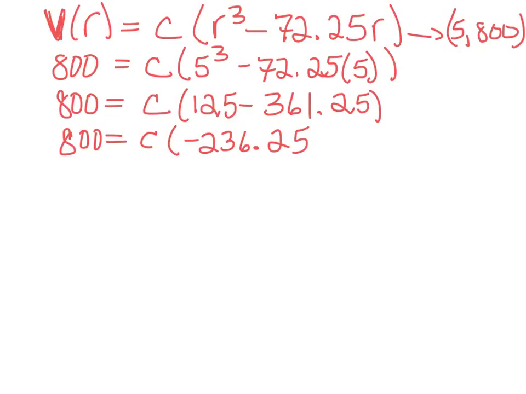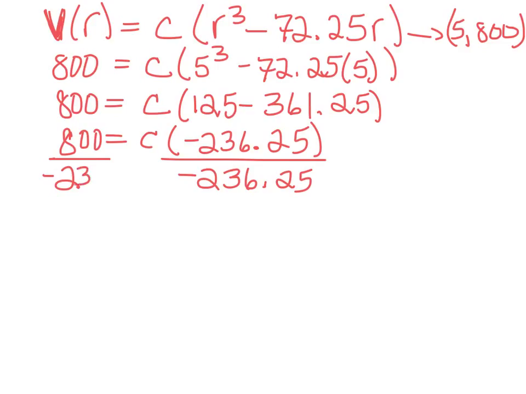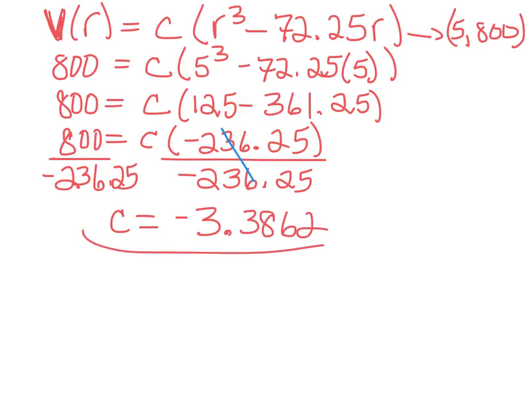I want to get the C by itself, so I'm going to divide both sides by -236.25, and these will cancel out. And we're just going to divide that out, and I will get a C value of -3.3862. And that's what they wanted for part C.